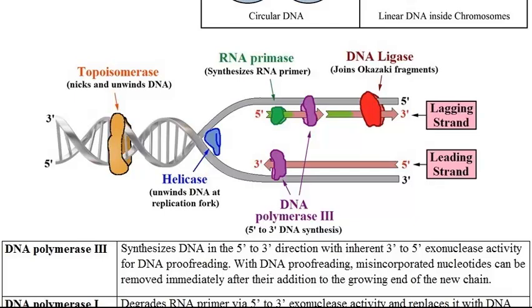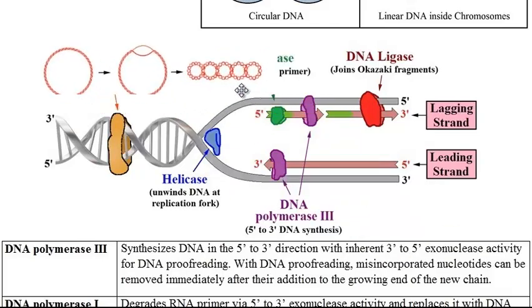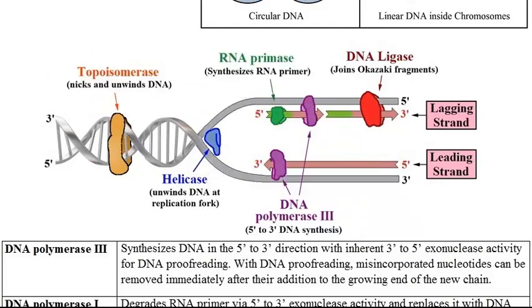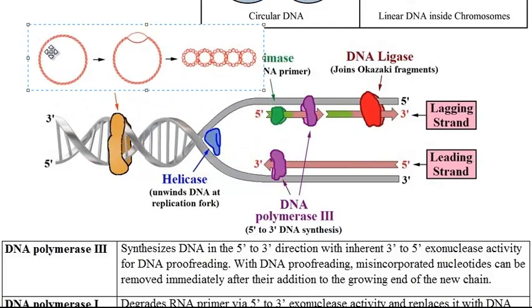So here I have an image that I've got from Wikipedia. It shows you how in prokaryotes we have a circular DNA, and as we are trying to open it up, it will supercoil on itself. And if this happens, then we can't continue the DNA replication.